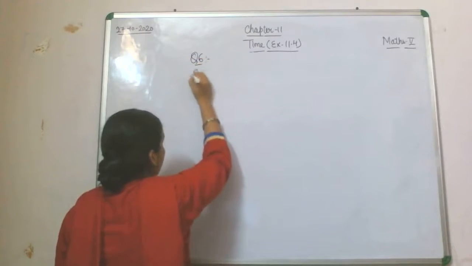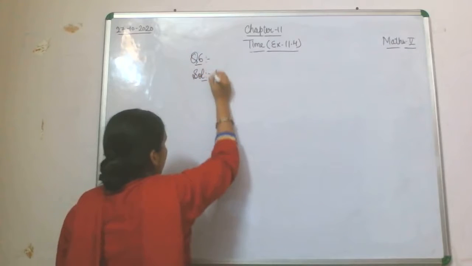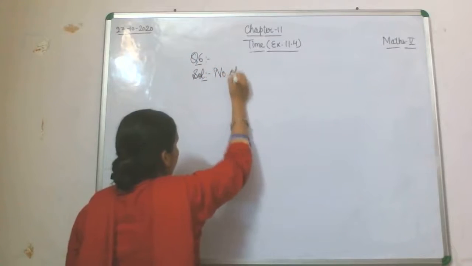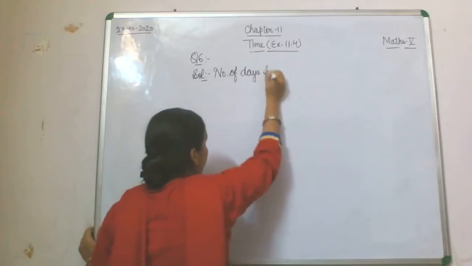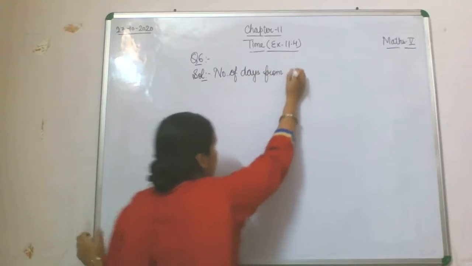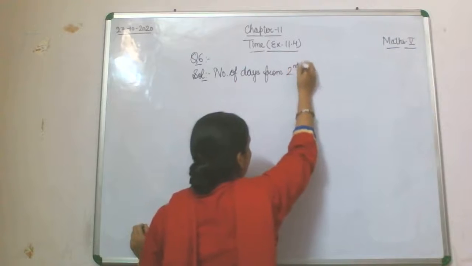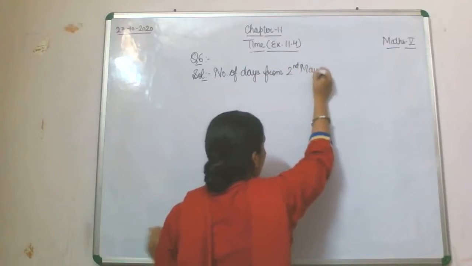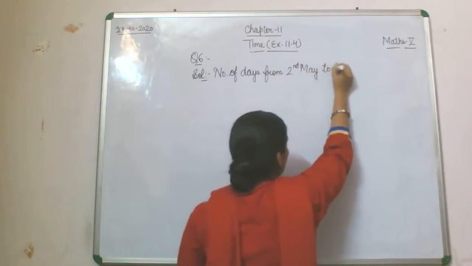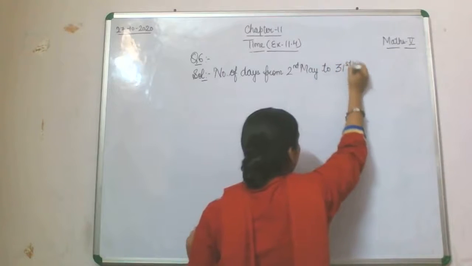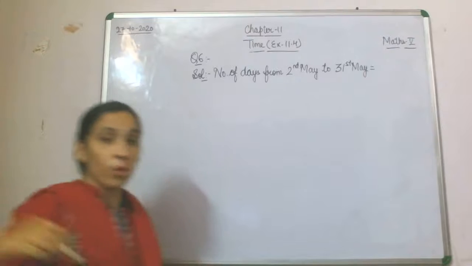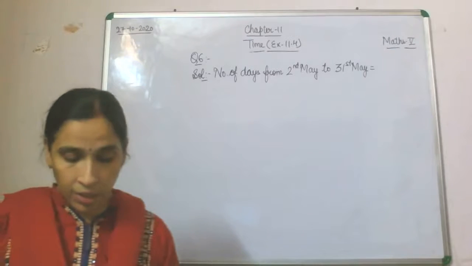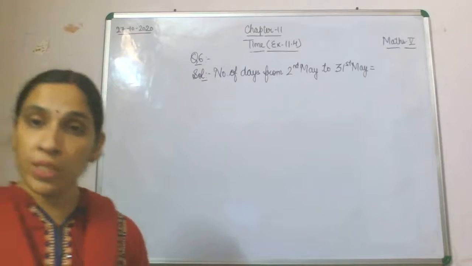So here in question number 6, we'll write number of days from 2nd May to 31st May. From 2nd May itself, the vacation of the school started.